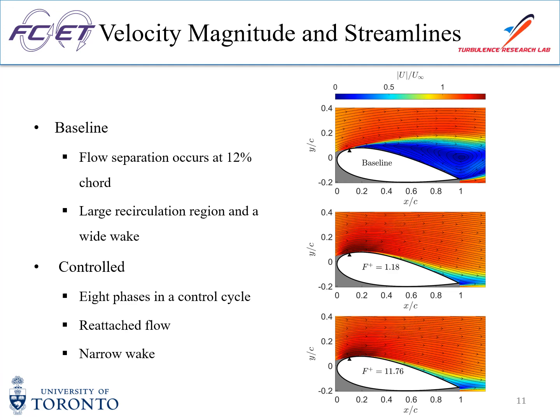For the control cases, this region disappeared, which represents the flow was reattached to the airfoil surface. Notice that the velocity for the control cases is averaged over 8 phase angles during an actuation cycle. For the low and high forcing frequencies, the mean flow appeared to be very similar.